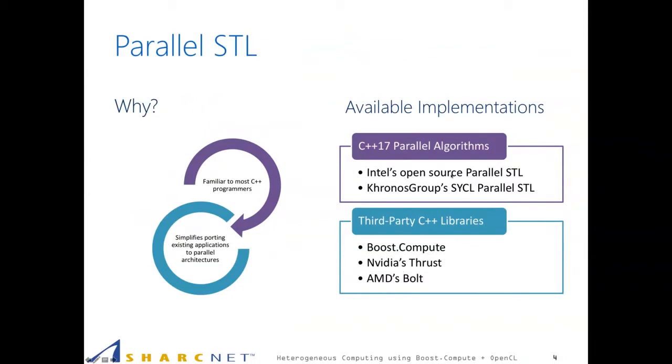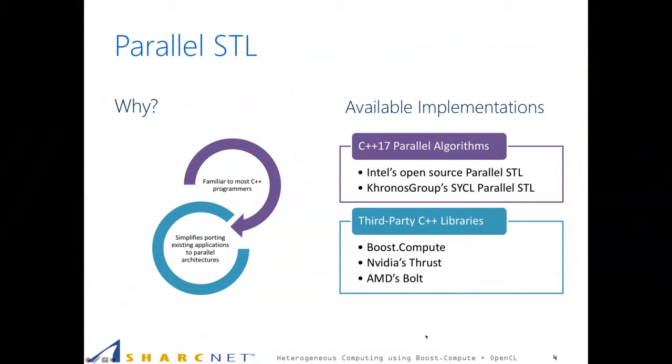Actually, Intel's open source parallel STL is available, and you can use it with both the Intel compiler and GCC. And in my next general interest webinar, I'm going to talk about how you can compile or use Intel's parallel STL on Sharcnet hardware.